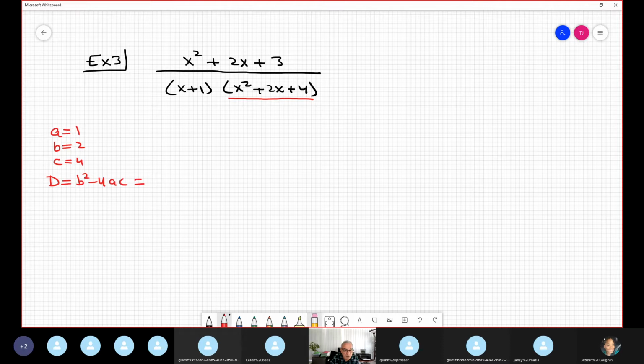B is 2, squared, minus 4 multiplied by 1 multiplied by 4. This is 4 minus 16. It's negative, because the solution for this quadratic is complex. If it's complex, then it is an irreducible quadratic. Clear?